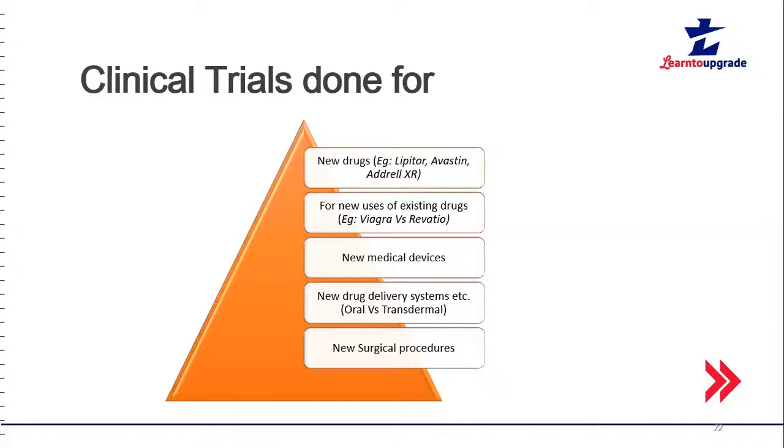Also for the new uses of the existing drugs. The example I have given you is minoxidil, the same example we can take. You got minoxidil early in the market for blood pressure related disease. During that time in the market, you come to know that it is also showing a side effect of hair growth.